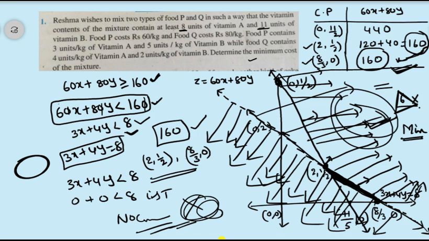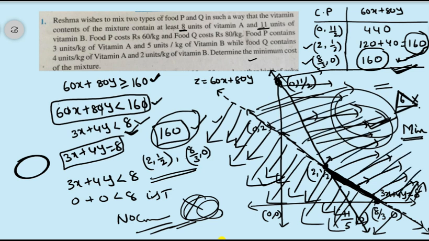Once again, in the contradictory case we are taking, there is no common portion, that's why we are saying 160 is the minimum value. Suppose we got a common portion, then we can say the minimum value does not exist for the given objective function. So that is the way to proceed with this particular question in the case of an unbounded region.